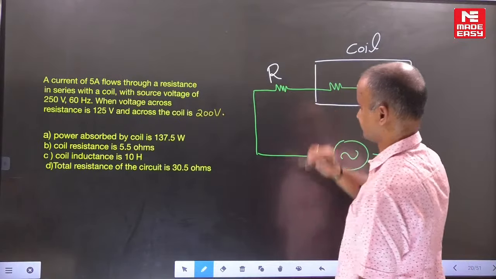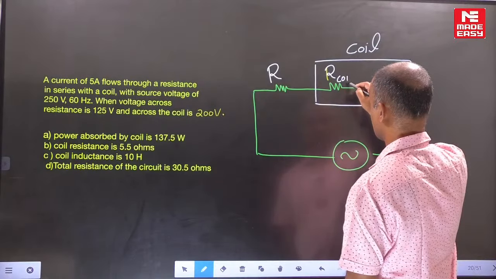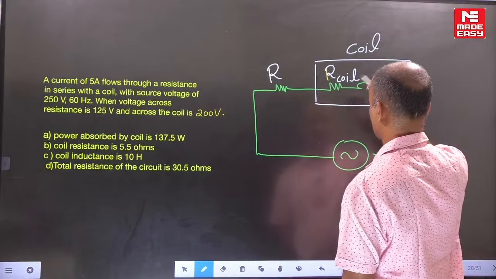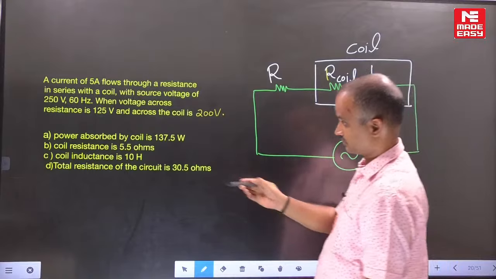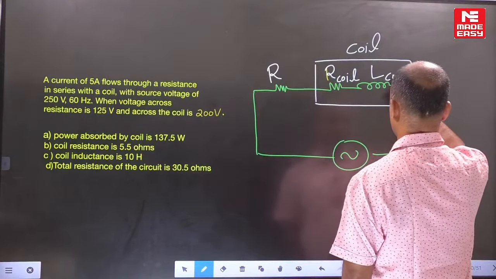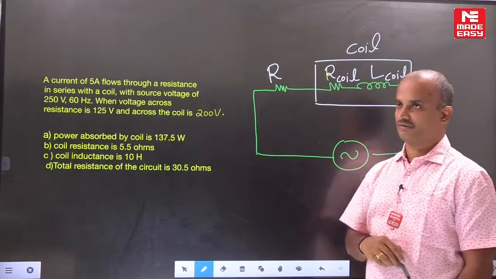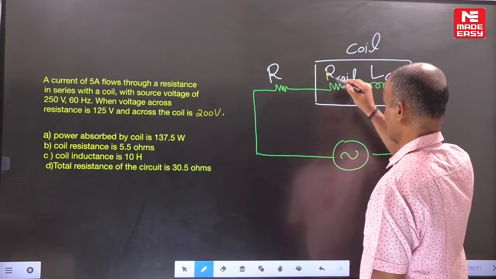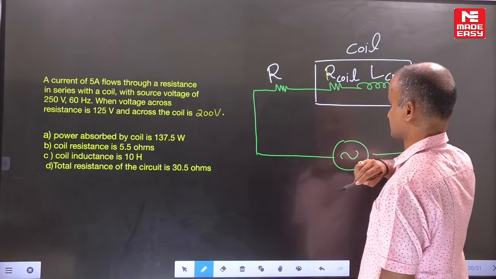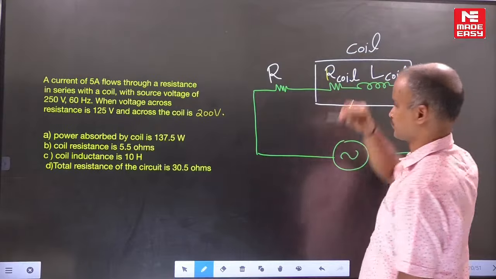Let us name the coil resistance R coil, and the corresponding inductance. The question is asking for the resistance and the inductance of the coil.